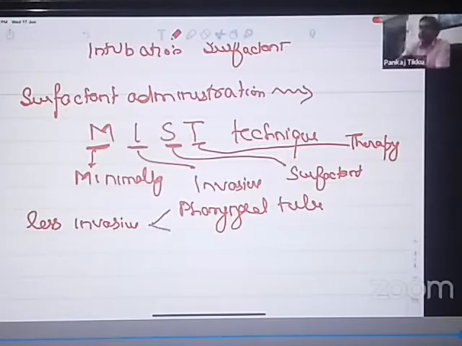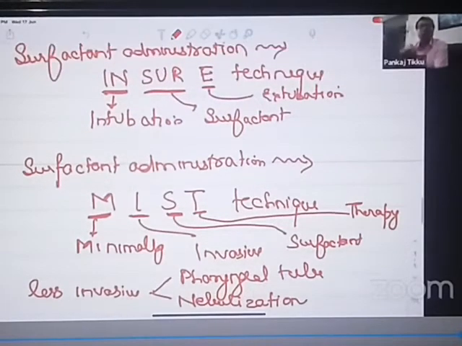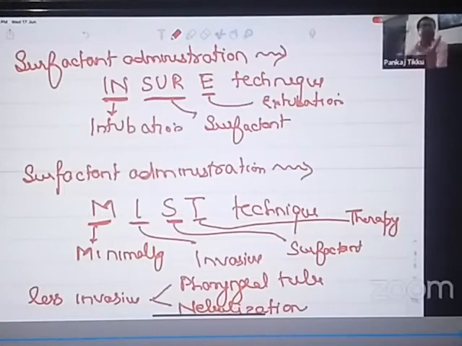Another way is nebulization. You can also administer surfactant by giving nebulization. Many of these techniques have not been mastered till now, but at least this is advocated to be a much, much better technique of surfactant administration compared to the older technique, which was the INSURE technique. The INSURE technique always required intubation.